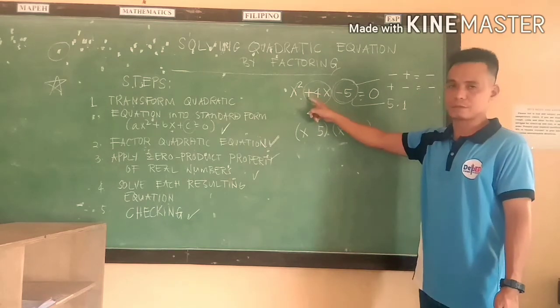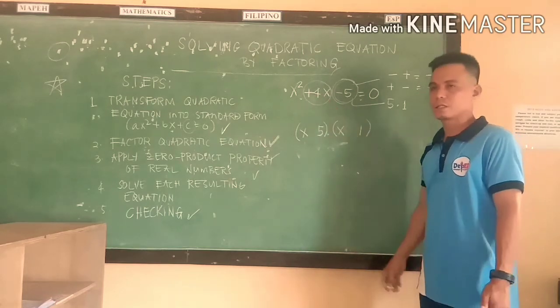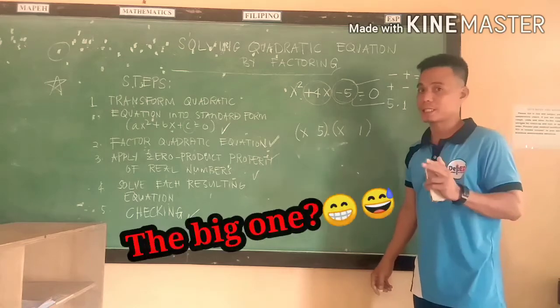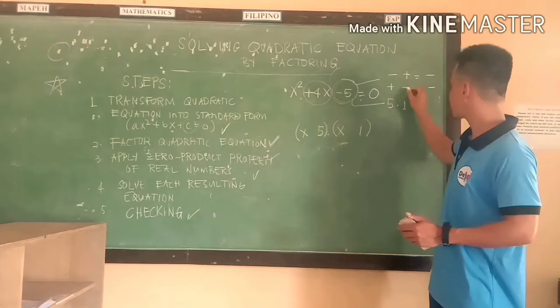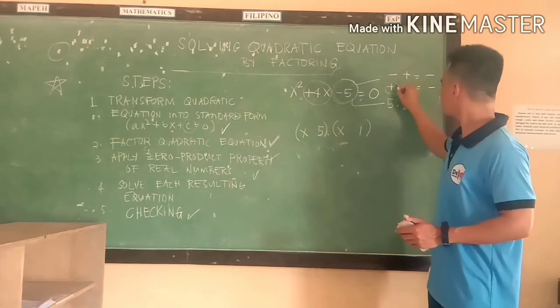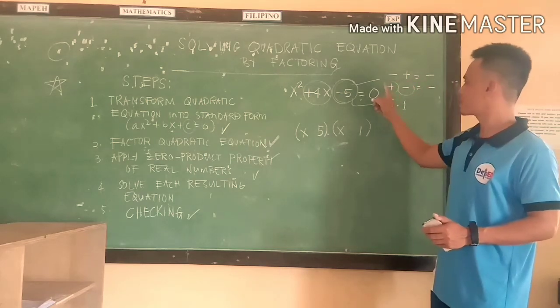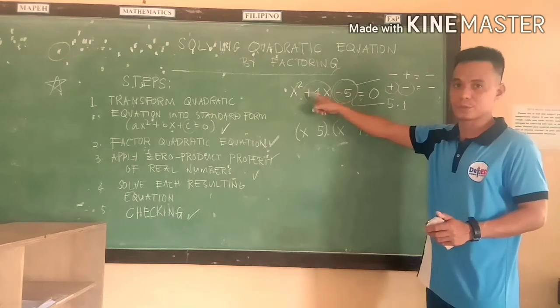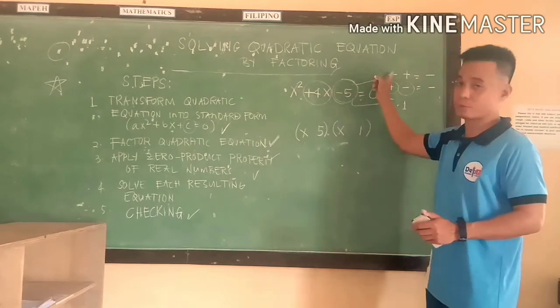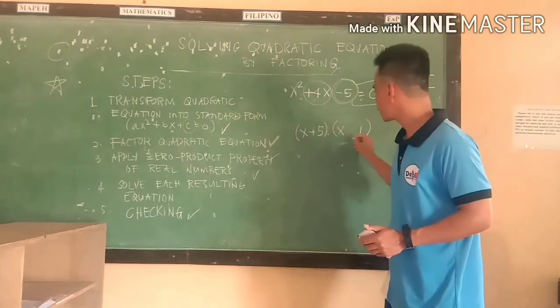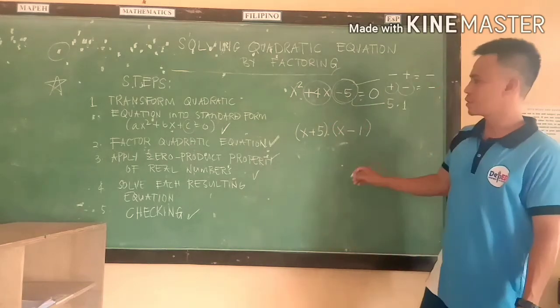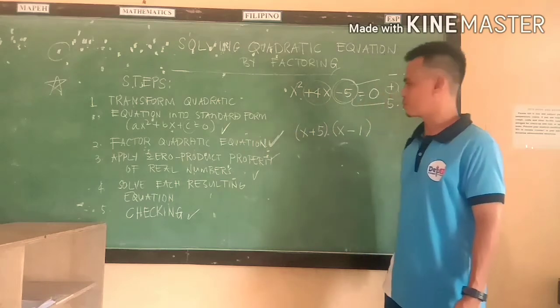Since this is positive, yung malaking numbers is the positive. Malaki yung nauna, positive. Okay? If this is negative, negative yun. Pero since this one is positive, positive gagamitin natin. Positive and negative. There you have it, our step number 2.